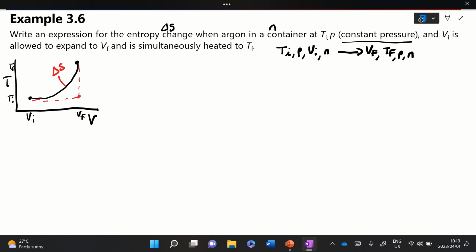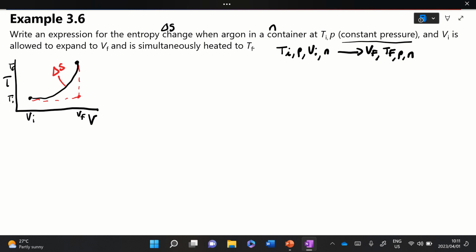Those are two things that we've looked at before. We've looked at the isothermal expansion of a gas in section 3.4.1, and that translates into the isochoric process, which is just the extension of that idea, flipping the volumes for temperatures.